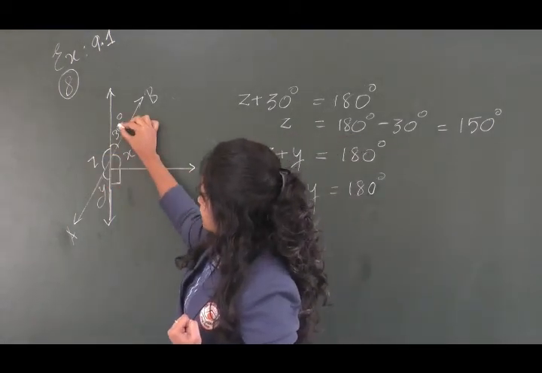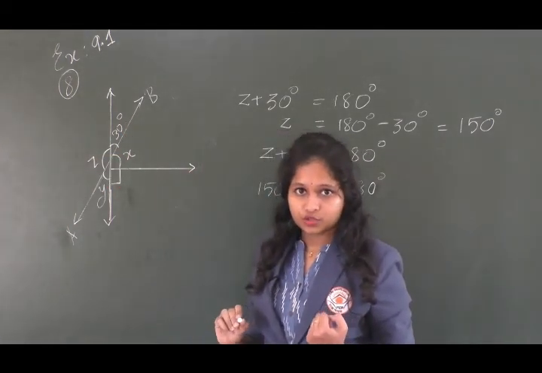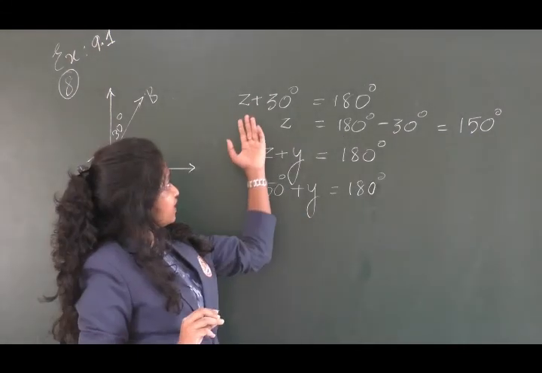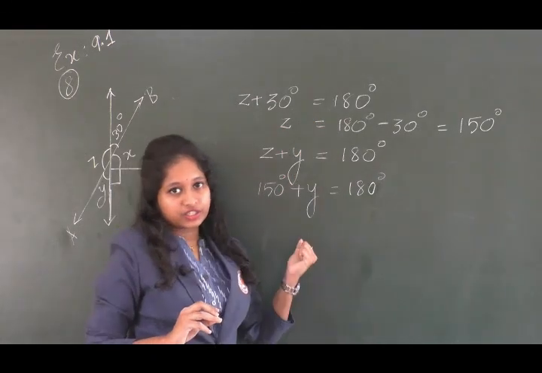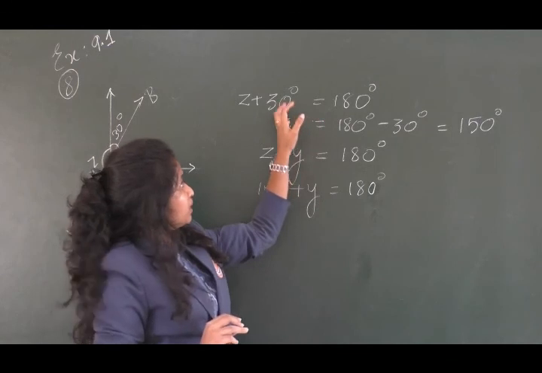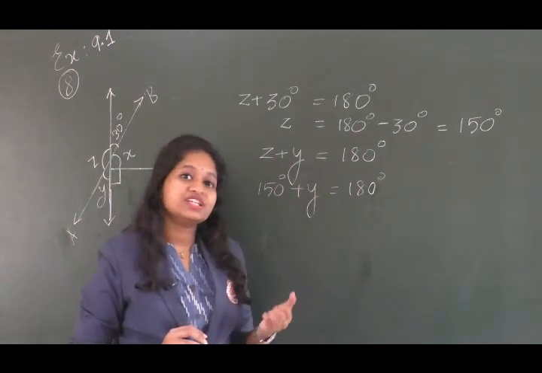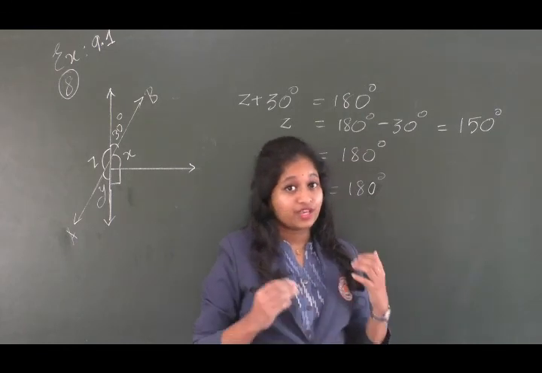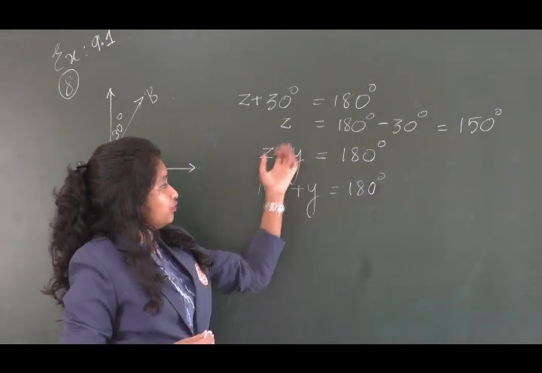So Z plus 30 is equal to 180 degree. So Z is equal to 180 minus 30. What is 180 minus 30? It is 150 degree. So we have found the value of Z.